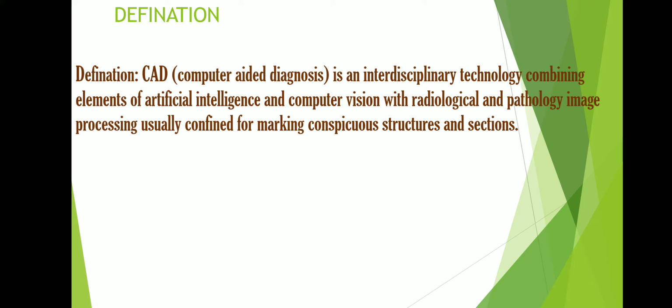How is radiological detection done? You know that by observing the images of a particular area where you suspect some type of abnormalities. When the images are used for detection of disease, that is known as radiological detection, and when the computer is combined with the radiological images, that is computer diagnostic system.